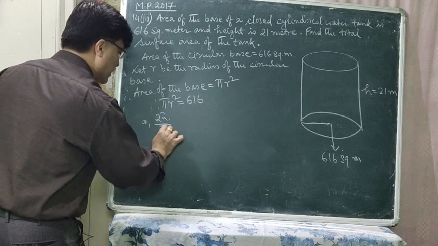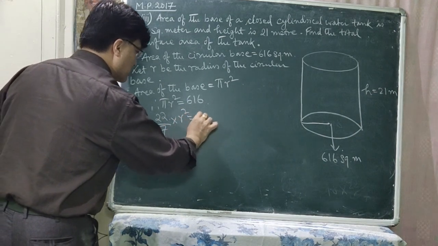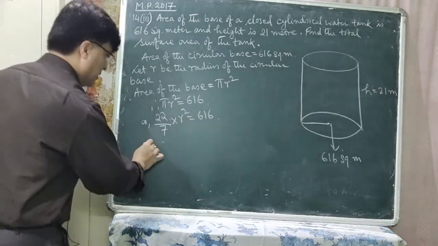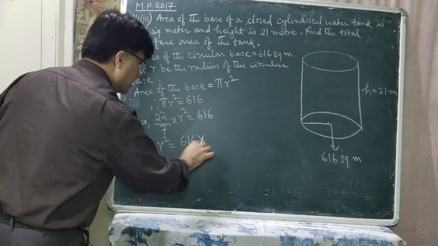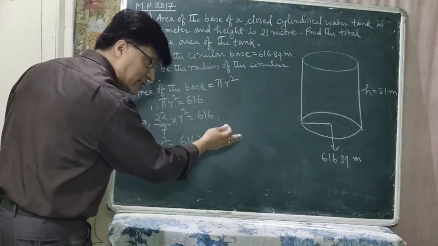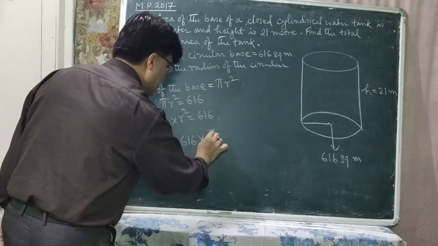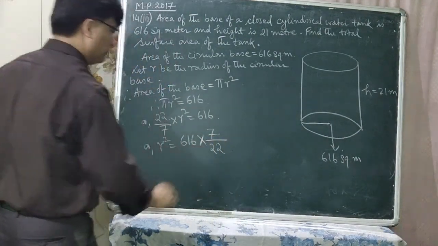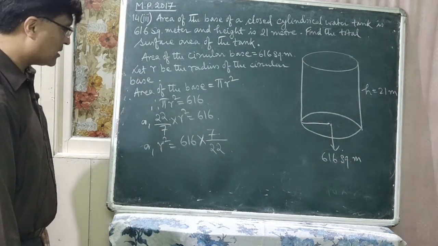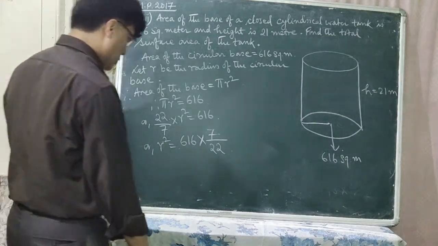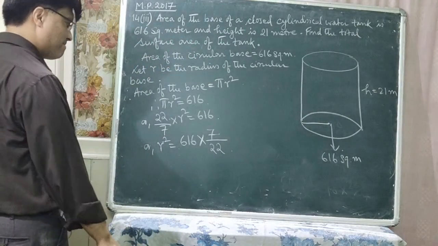That is 22 by 7 into r square is equal to 616. So r square is equal to 616 into, when it goes to the right hand side, it becomes upside down, that is 7 by 22. I think you have understood it. So you can cancel here. So you can cancel it by what?